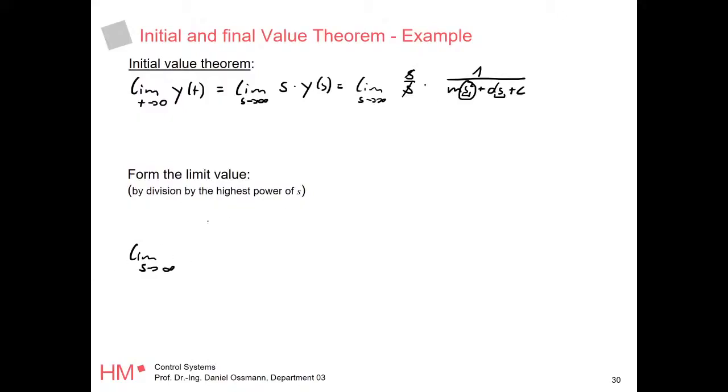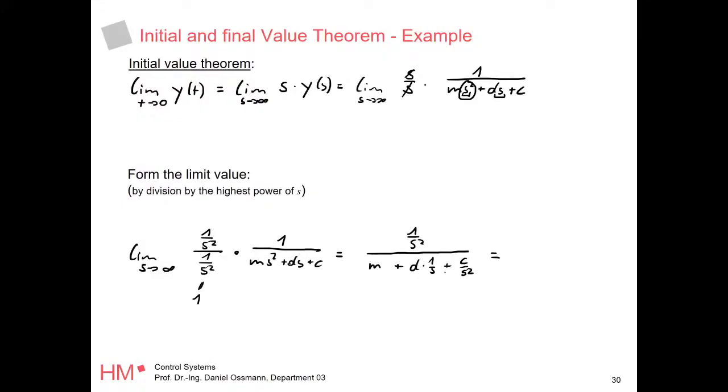So we multiply our whole expression by 1 over s squared times s squared, which equals 1, so we are allowed to do this, times 1 over ms squared plus ds plus c. What remains is 1 over s squared over m times 1 plus d times 1 over s plus c over s squared. If you now let s go to infinity, these terms go to 0, and you are left with 0 over m, which is obviously 0, right?